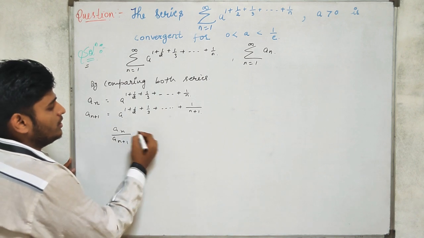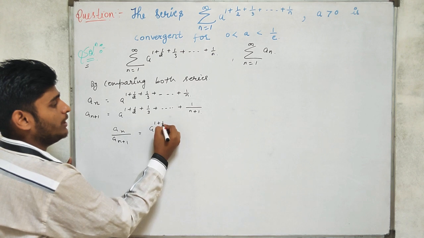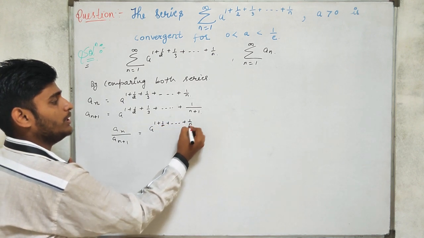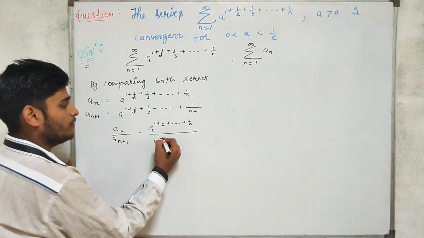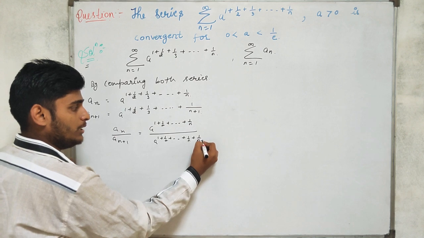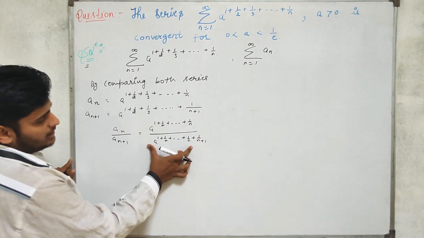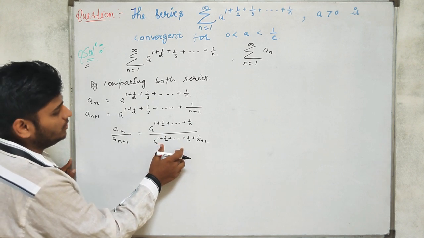The value of a n is a raised to power 1 plus 1 by 2 and so on plus 1 by n, and what is the value of a n plus 1? It is a raised to power 1 plus 1 by 2 plus and so on plus 1 by n plus 1 upon n plus 1. Now this term is cancelled on both sides, denominator as well as numerator.